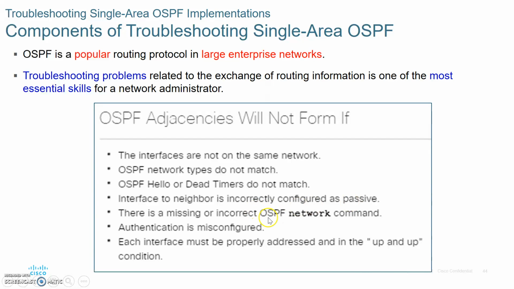Or your configuration is wrong, with a missing or incorrect OSPF network command. Or you didn't set your authentication correctly, and the password is wrong. So you must make sure all your interfaces are configured correctly, the address is set in the correct network, and the interface is up and running. Then your routers will form adjacency with each other.